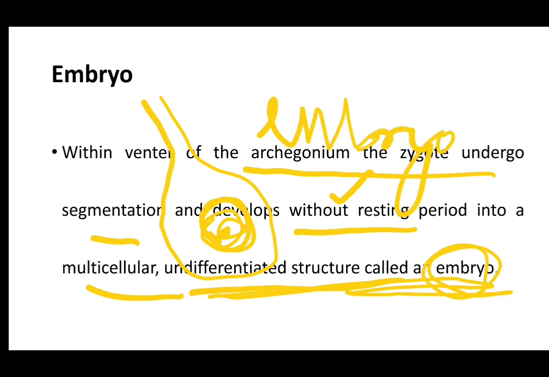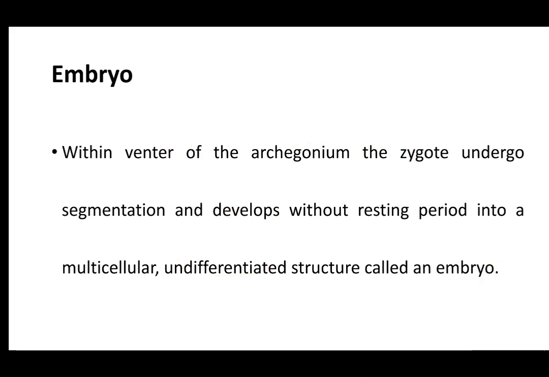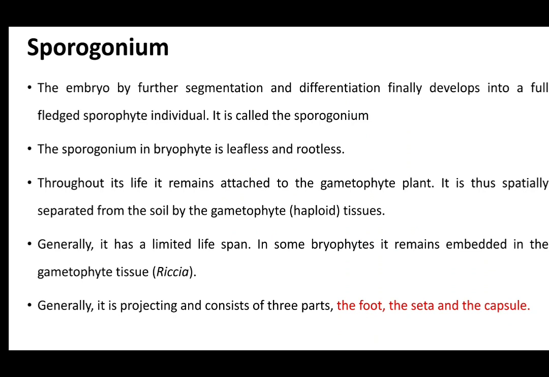So the zygote is the first or pioneer structure of the sporophytic phase, then the embryo. Then the sporogonium. The embryo, by further segmentation and differentiation, forms the sporogonium. The sporogonium is leafless, rootless and dependent on the gametophytic plant.